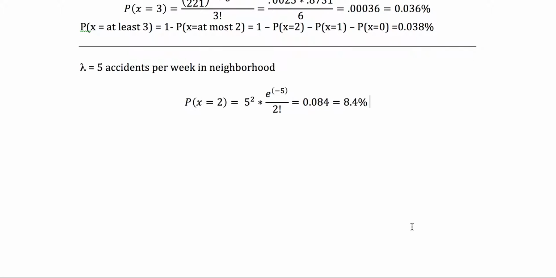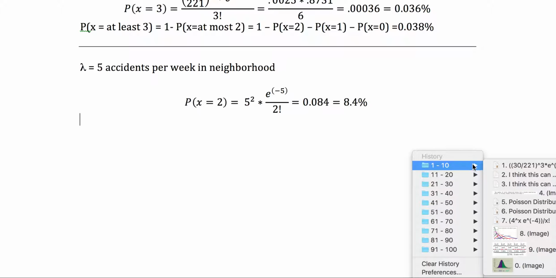So since this only relies on the mean, it's easy to plot the distributions for different values. And if you plot them, it looks kind of like this.